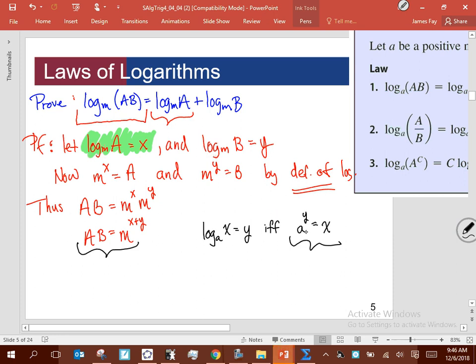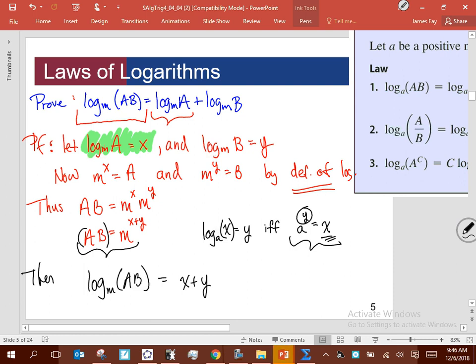So this m is my base, right? Okay? So I'm going to write the word log. M is my base. Okay? Now that exponent would be this thing right here, correct? So over here in my rule, my definition, that y goes to the right-hand side. So I have x plus y. Is that right? And then x over here becomes the argument there, right? So for this particular case here, it would be the AB. Does that make sense to everybody?